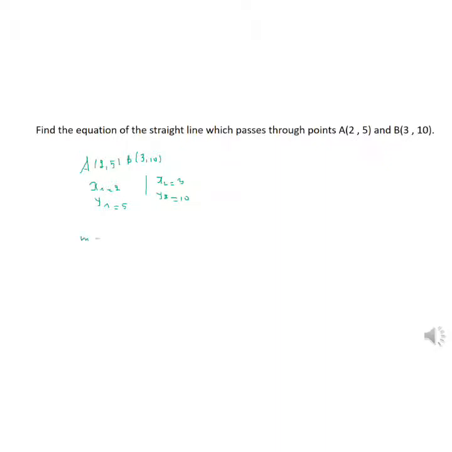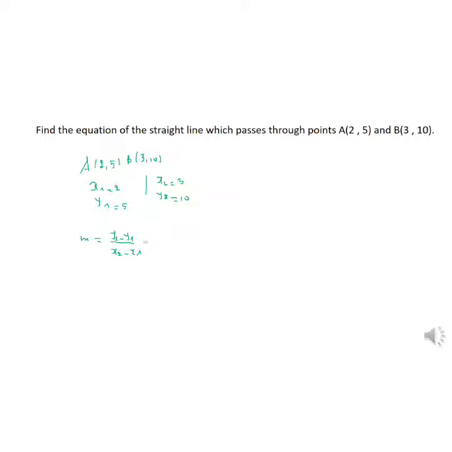M is equal to the gradient or slope, which is the change of y: y2 minus y1 over x2 minus x1.